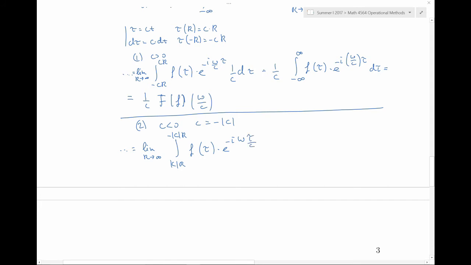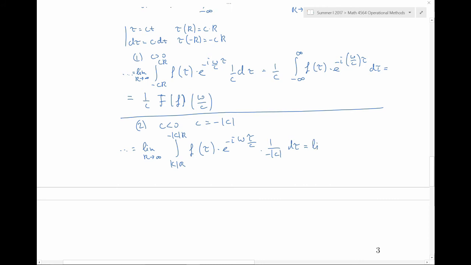And I'm just going to keep it c here because the sign here doesn't really matter. Times 1 over c, which is 1 over minus absolute value of c, d tau, and the minus sign in the fraction 1 over minus absolute value of c will disappear when we flip the limits of integration.